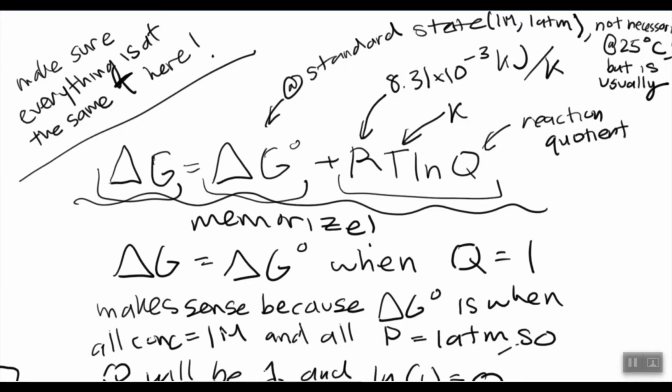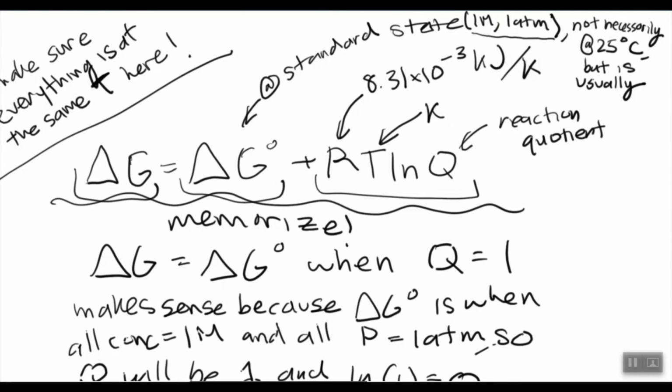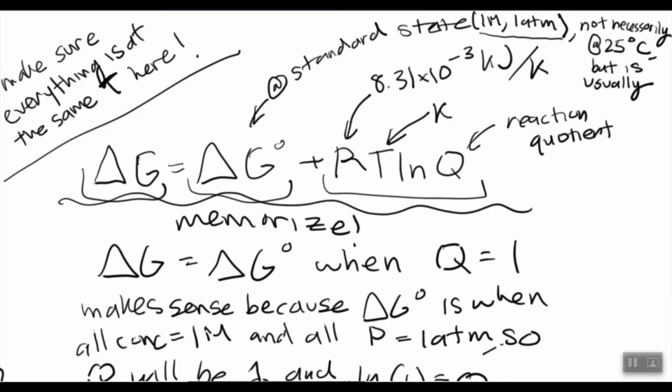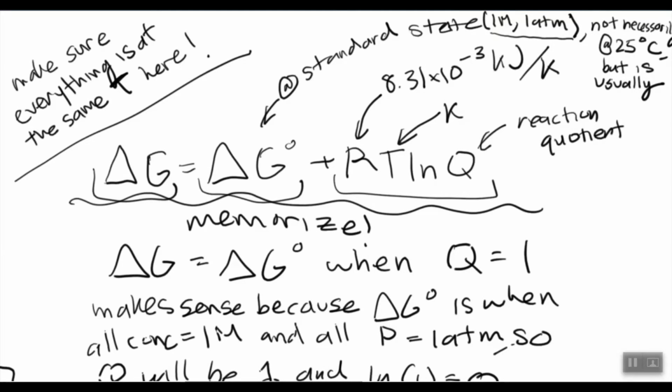It lets us convert the ΔG⁰, which is at standard state, so, 1 molar, 1 atmosphere, as we said before, not necessarily at 25 degrees Celsius, but it's usually for most cases. So we know that if it's at standard state, that means that everything is 1 in terms of concentration or pressure. Now, this equation basically lets us convert from standard state to basically any state, or when the concentrations are not at 1 molar or at 1 atmosphere.